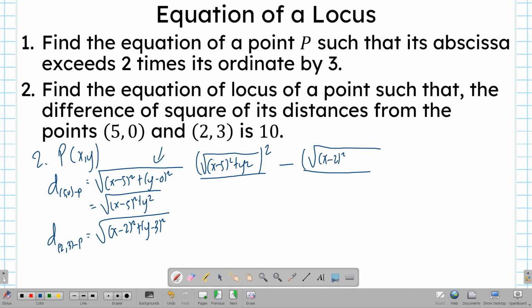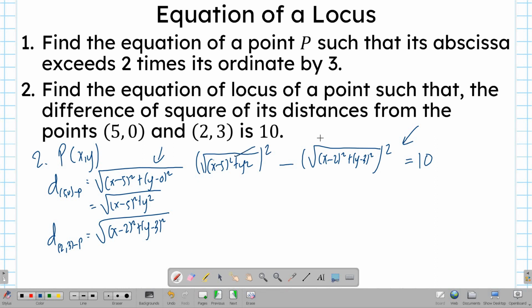X minus 2 squared plus y minus 3 squared. The difference of these squares would be equal to 10. So, we just now simplify this equation. Yan na yung pinaka-equation, pero hindi nga lang simplify dahil sa mga relationships. So, let's simplify that and then find the equation of the locus.